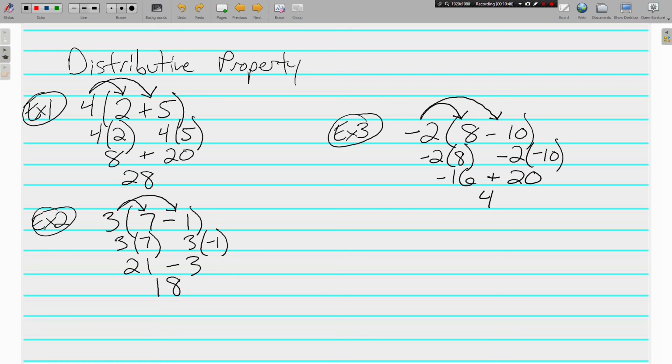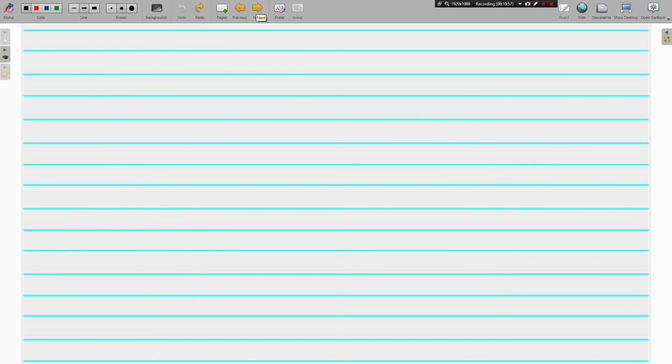So the distributive property is another option for us to evaluate expressions. Now, why can't we just do what's in the parentheses first? Well, coming soon to a math class near you, we'll have expressions like this, where we can't do what's in the parentheses first because we don't know how much x is.